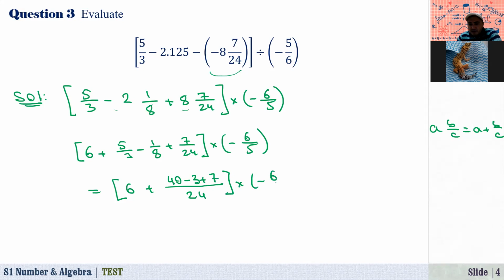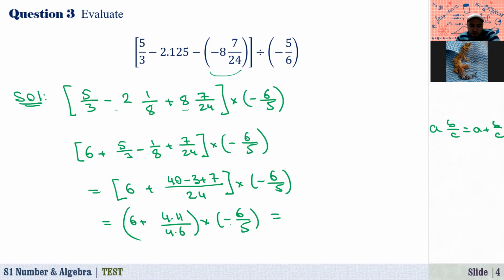Times minus 6 over 5 equals, now here 40 minus 3, it is 37. 37 plus 7, 44. So here we have 6 plus 44 over 24. 44 is 4 times 11, and 24 is 4 times 6, right? Times minus 6 over 5. And this 4 is gone.